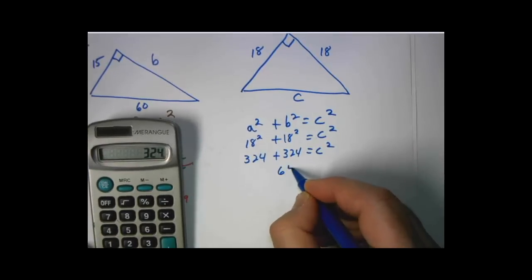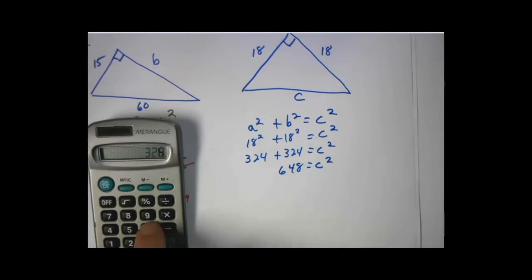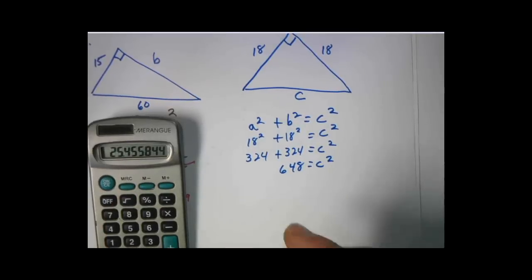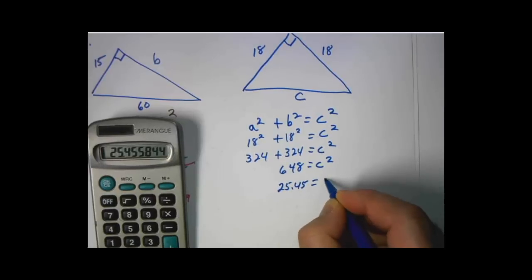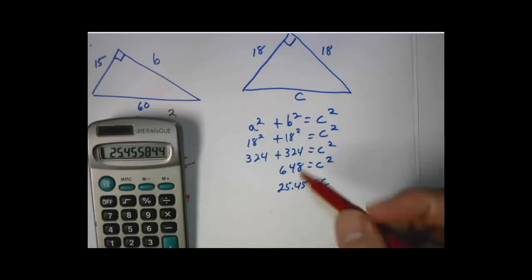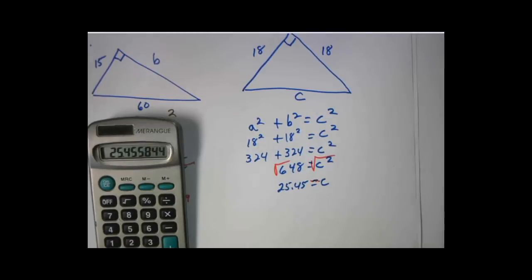So we're going to have 648 equals c squared. The square root of 648 is equal to c, because we took the square root of both of those, so we continue to work backwards. And again, that's going to be approximate.